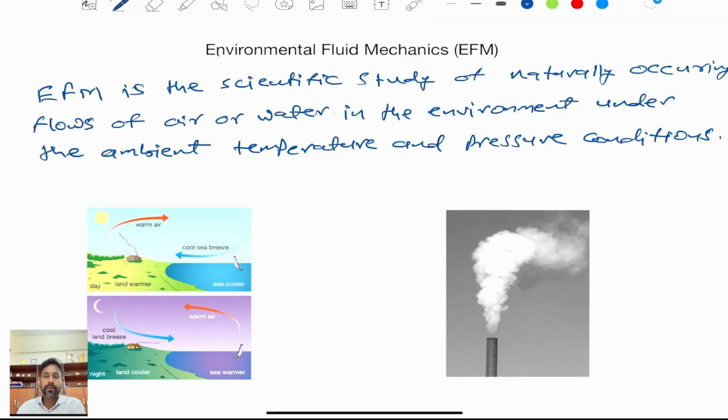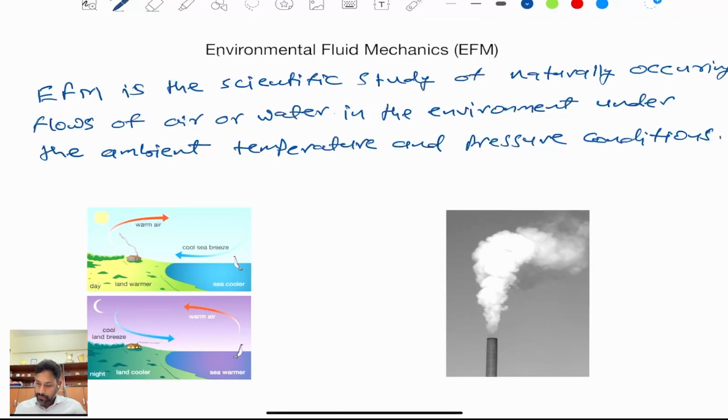Okay, so this is how we can define environmental fluid mechanics, where we try to study fluid mechanics involving air or water in the environment at ambient temperature and pressure.